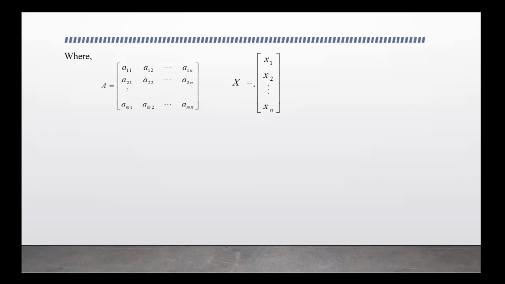So the values of A are given by the coefficients of all the terms. The first equation's coefficients come in the first row, the second equation's in the second row and so on. X is a column matrix which contains all the variables, and B is a column matrix which contains the constants present on the right hand side of the equation.